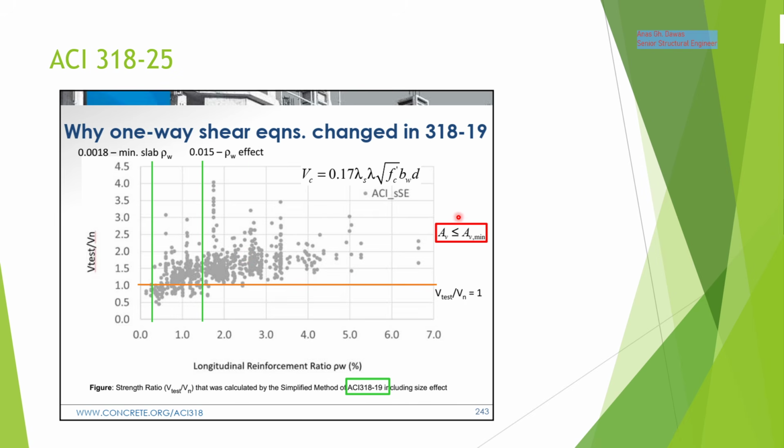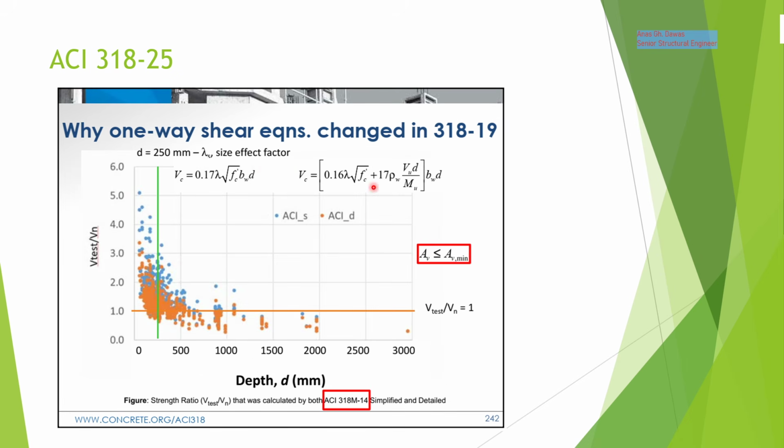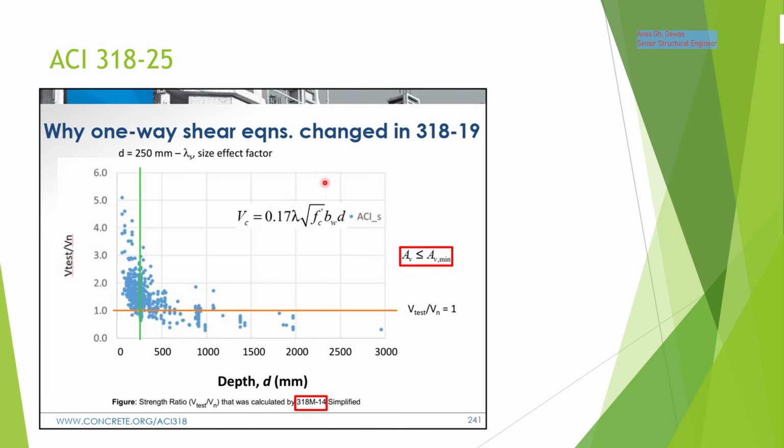Again, here the shear reinforcement is less than the minimum shear reinforcement. So again, what the ACI did, the ACI only added a new factor to this equation called the size effect factor.